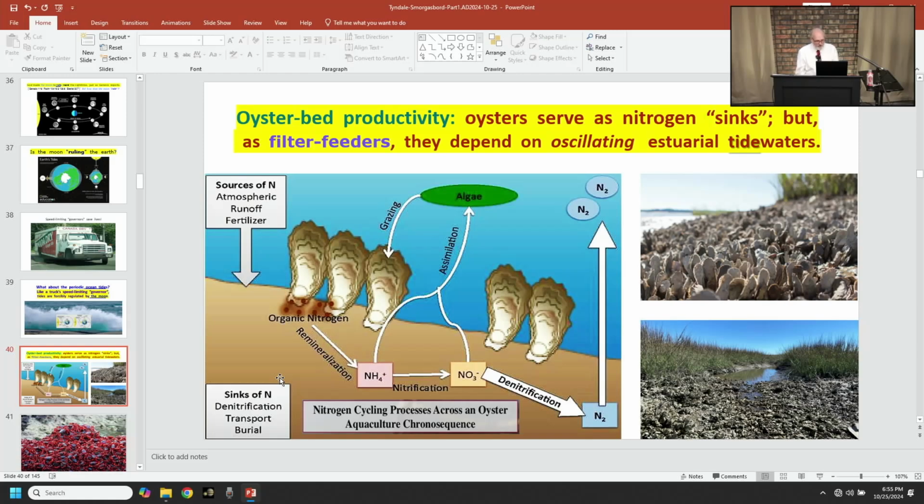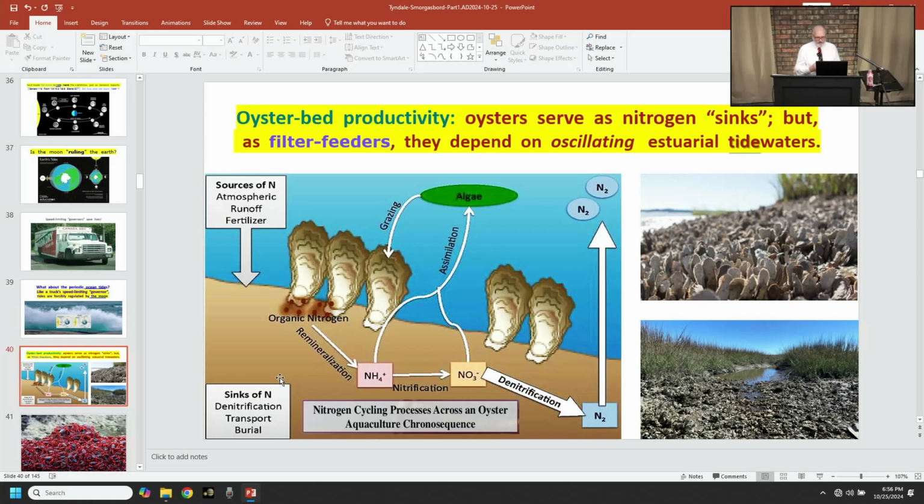So who benefits from the ocean tides? Well, for one thing, oysters do, because an oyster is an animal. But unlike many animals that roam around trying to find food, when an oyster attaches to something, it's stuck after that. And so either the oyster is going to die really fast, or food is going to have to come to the oyster.